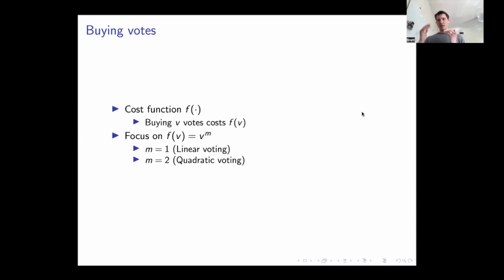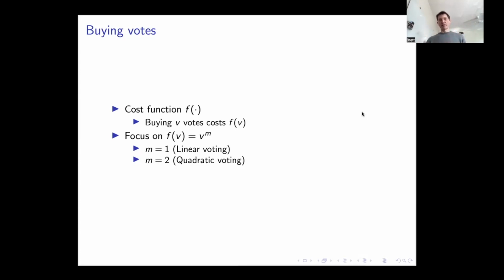But again, there was a question earlier, right? Maybe you have a different power. I'll focus on these powers, m equals 1 and m equals 2. So m equals 1 is, to buy v votes, it costs you v units of dollars, and m equals 2 is, it costs you v squared dollars, which is like quadratic voting.